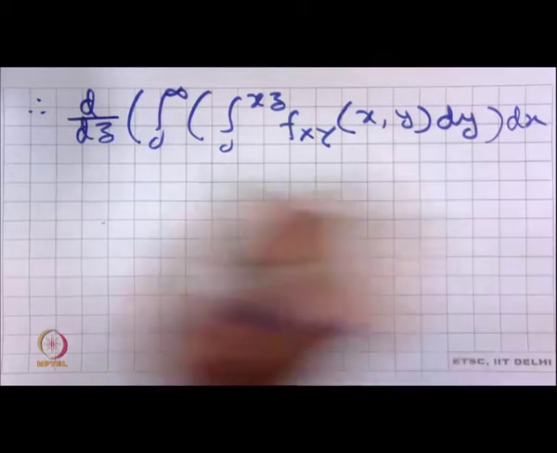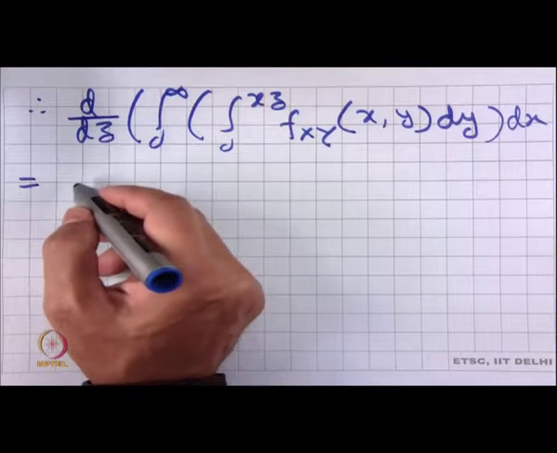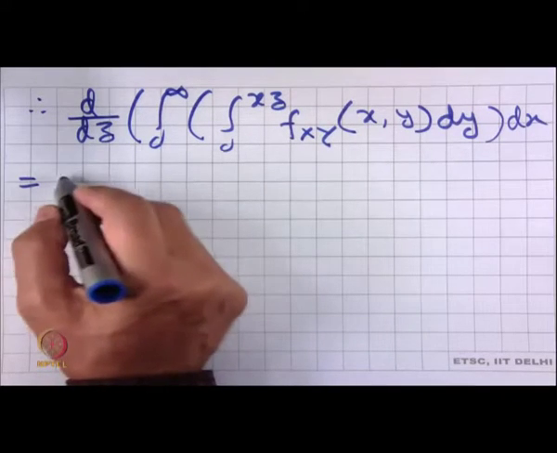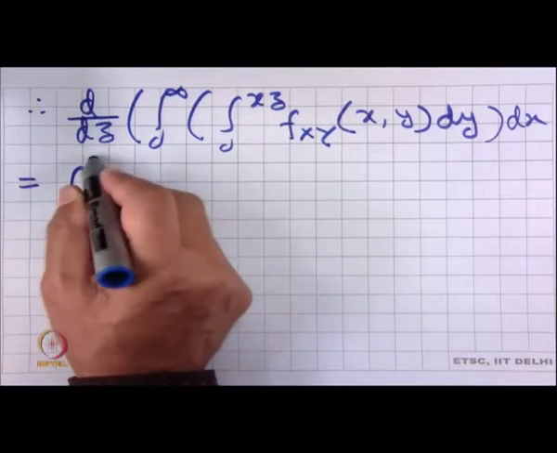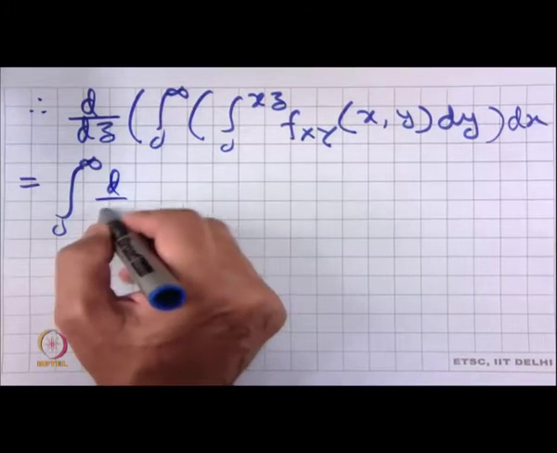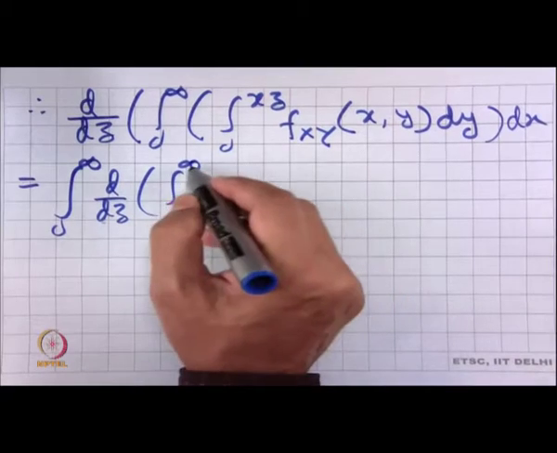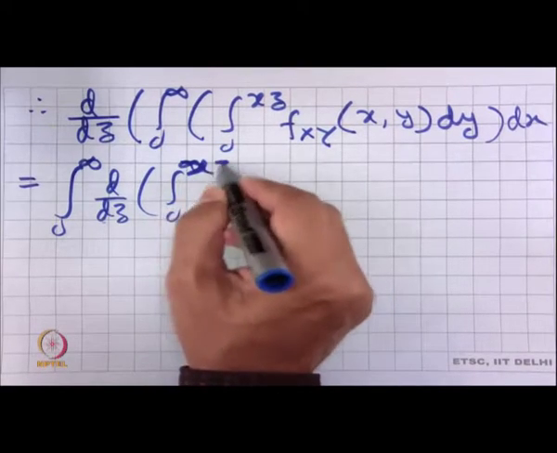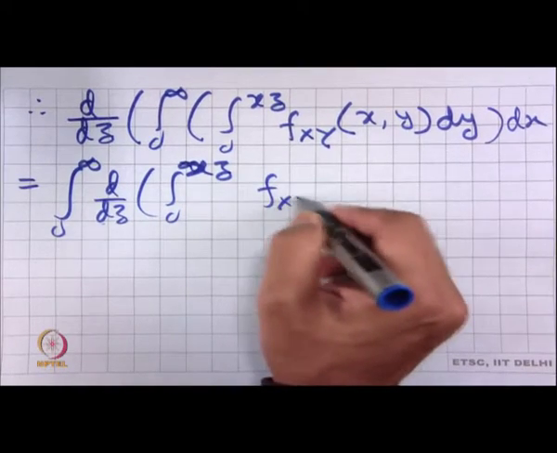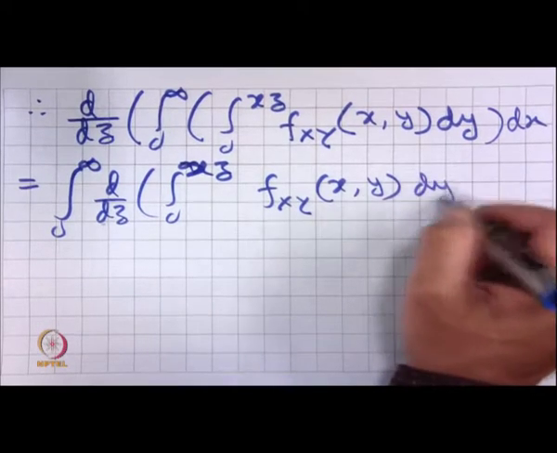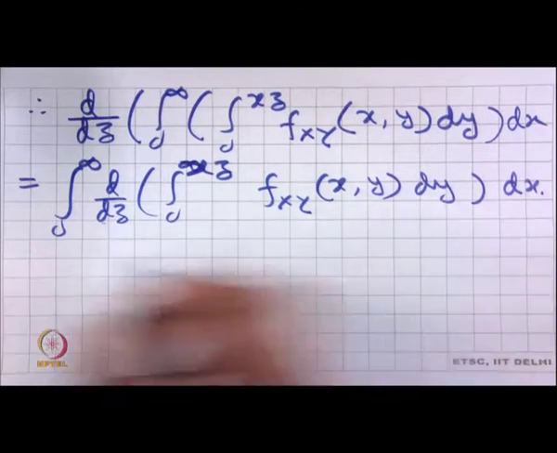In a very similar way to what we did for the first part, this is going to be the integral 0 to infinity of d/dz of the integral 0 to x z of f x y, x y, dy dx.